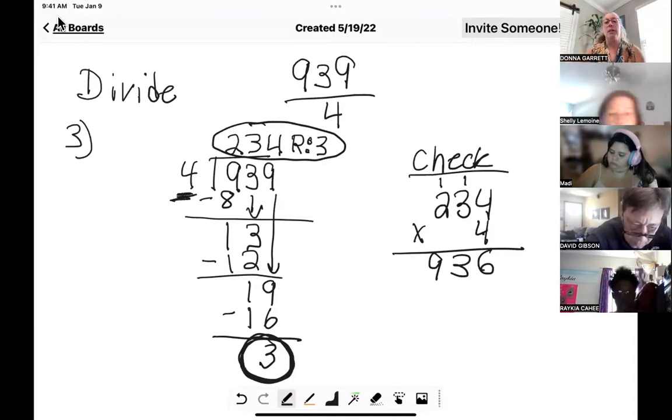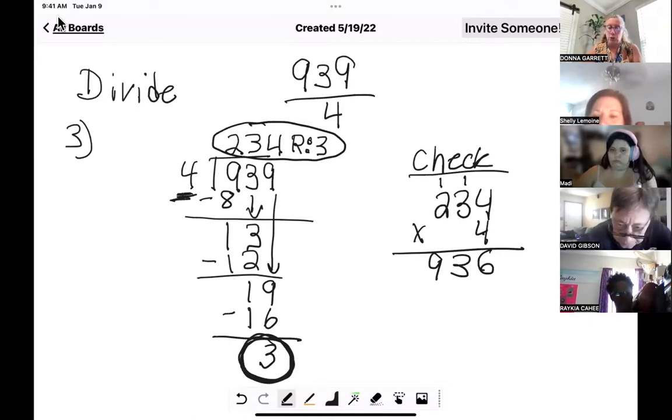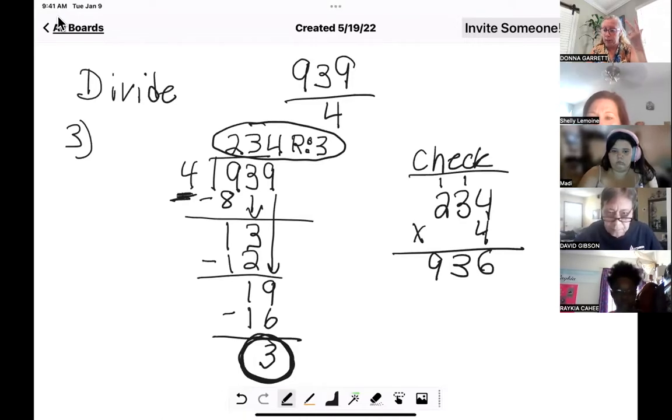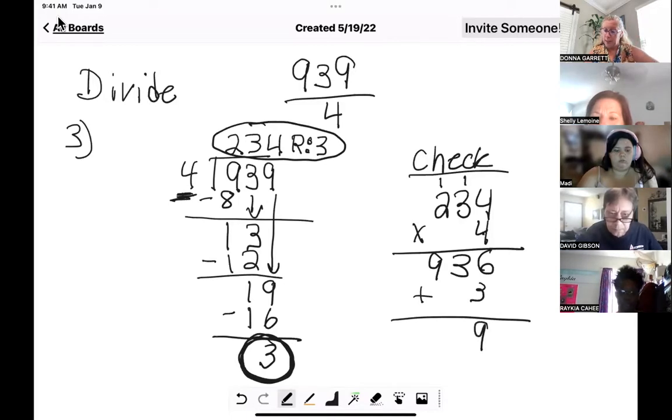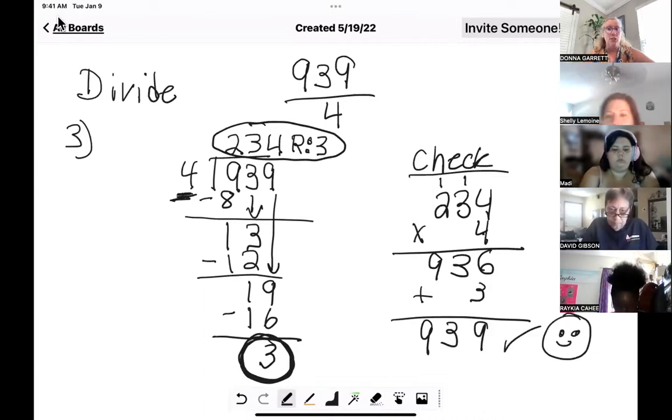So how does a remainder come into play? Well, that's if I multiply just what I had, 234 times 4. But I know there's 3 left over. So I have to add 3 back on to check my answer because that's my remainder. And if I do that, I get 939. And I know it was 939. So I, again, did a really good job. I just matched it by checking it.